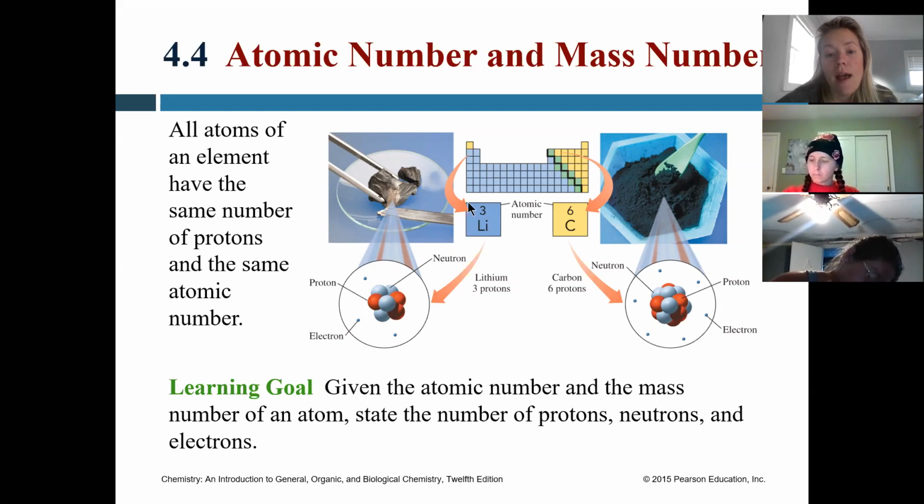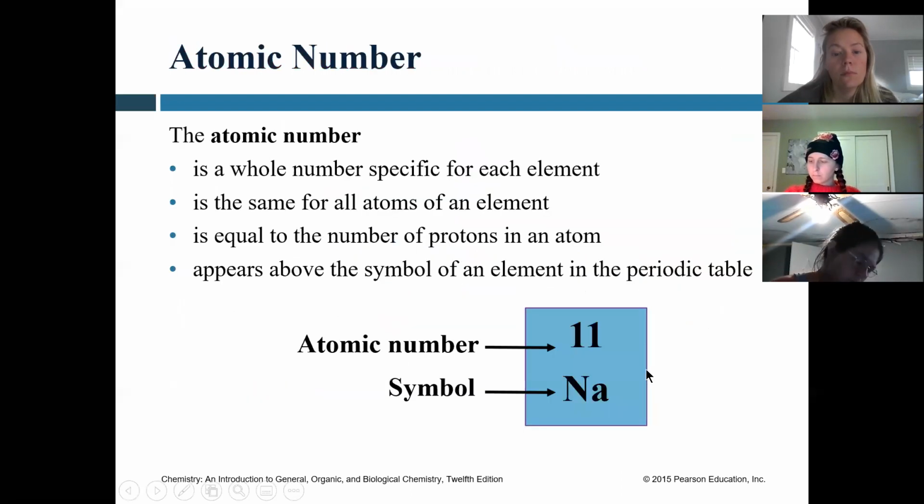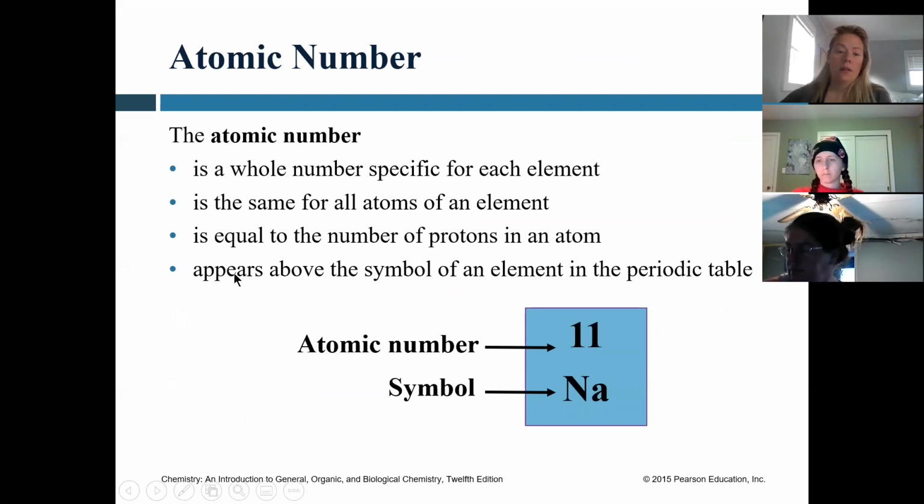Looking here, every single atom of lithium has 3 protons. If we are looking at carbon, every atom of carbon will have 6 protons. It's always a whole number, and it appears above the symbol. It looks like the 2 that I'm looking at have it just sitting right above the symbol.